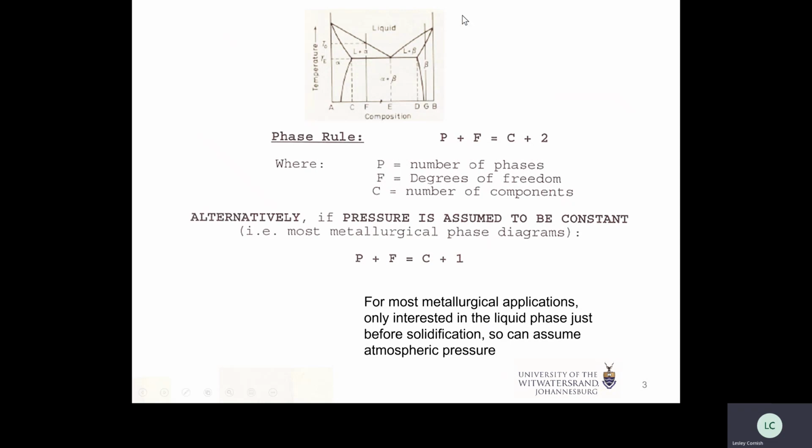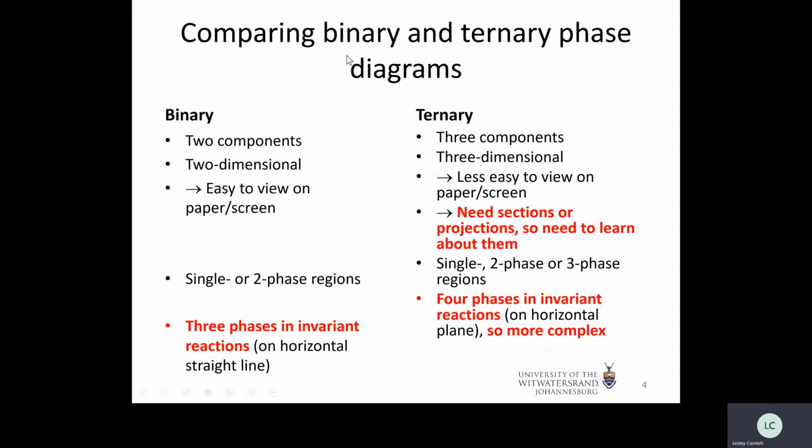So for a binary where our number of components is 2, when there's no degrees of freedom, i.e. it's an invariant reaction, that's when we have 3 phases. So for this invariant reaction, which is the eutectic reaction, we've got alpha of that composition, liquid of that composition, and beta of that composition at that temperature, which is an invariant reaction.